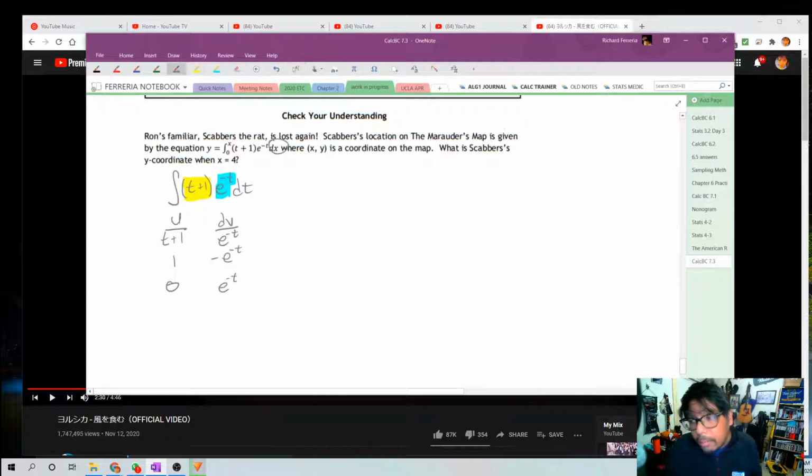So I'll just assemble it from here. My first product is a positive t plus 1 times, sorry, negative e to the negative t. My second product is negative, so minus 1 times e to the negative t. And that is the antiderivative.